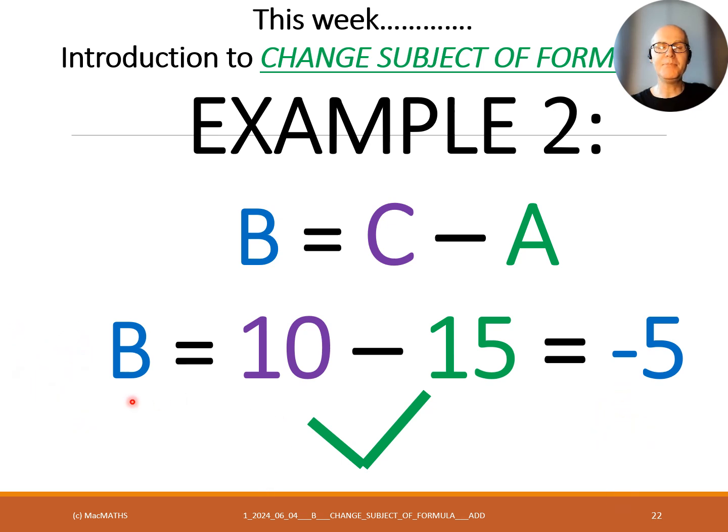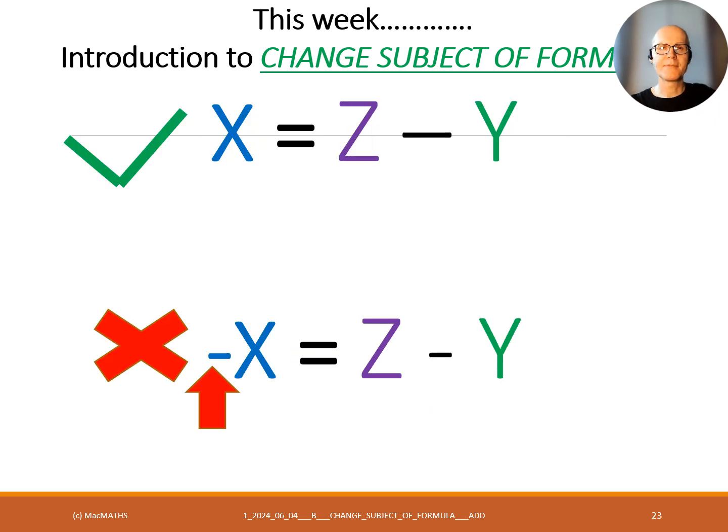So here we are, B, positive B, as we said, you don't actually put the plus in, equals 10 minus 15, which is minus 5 in this instance. Minus 5's okay, you just couldn't have minus B. So to summarise, X equals Z minus Y would be an okay format, but minus X equals Z minus Y would not be.